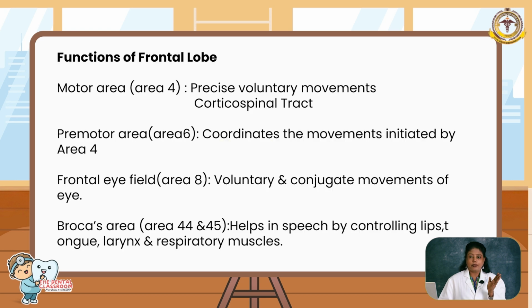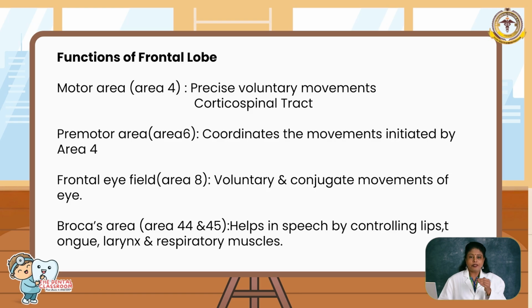Coming to the functions of frontal lobe, the motor area, area 4, is involved in the precise voluntary movement of our any action. If we want to do any action, that voluntary movement is initiated precisely by this area 4. That is why it is called as primary motor area, and this is done through the corticospinal tract.